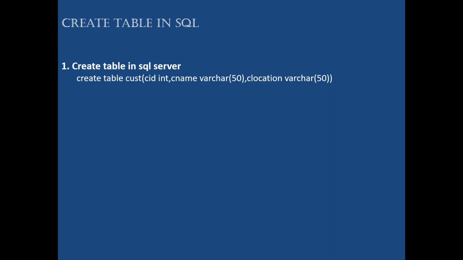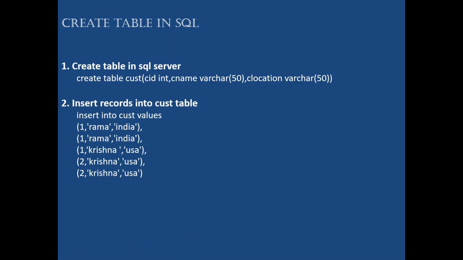Rama, how many characters are there in the name Rama? 4, right? So varchar of 50 means up to 50 characters you can store. If you think your text is a little bit big, you can increase the length from varchar 50 to varchar 100, varchar 250, or varchar max. Max means up to 8,000 characters it will take.